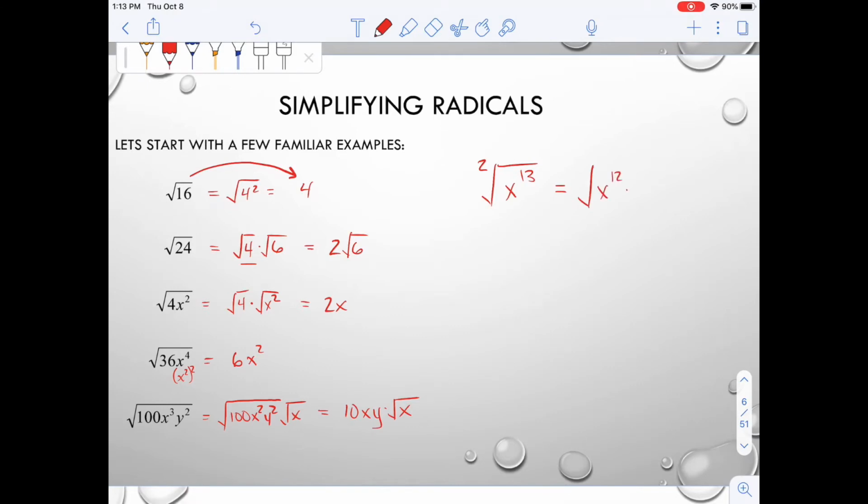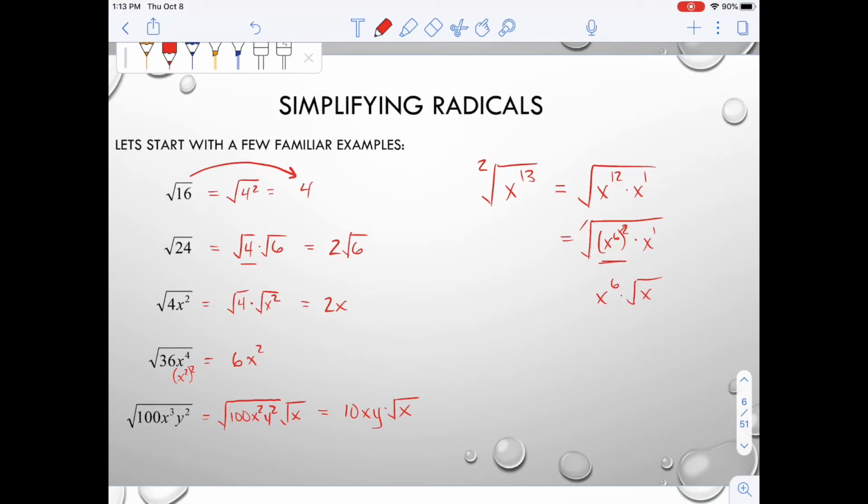I could rewrite this as x to the 12th times x to the first, and that x to the 12th is really the same thing as x to the 6th squared times that x to the first. So from this portion here, the square root and the square are going to cancel. So this x to the 6th would come out times the x to the first, which is going to stay inside.